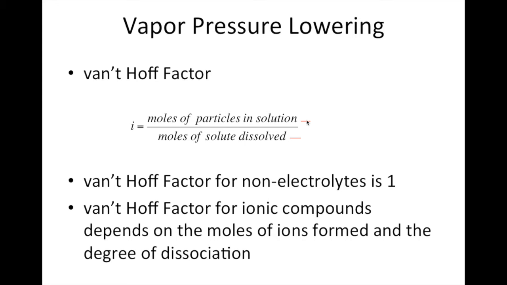However, for ionic compounds, the van't Hoff factor, the moles of ions formed, depends on the degree of dissociation. So let me give you a couple of examples to help illustrate that.